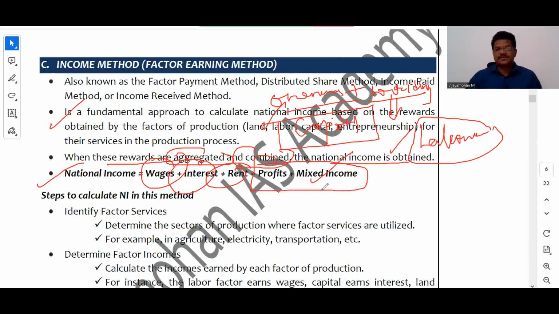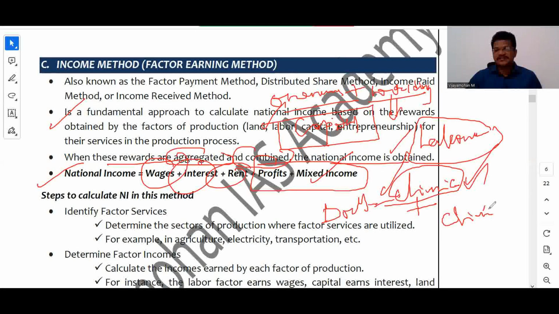For example, a doctor, అంటే ఒక డాక్టర్ ఉన్నాడు అనుకోండి, he is having a clinic. So ఇక్కడ ఏంటంటే he is having the capital, at the same time he will work in his same clinic. So ikkada he is getting mixed income simultaneously. So that is what here it represents, the income which the individual is getting from contributing labor and from contributing capital also will come under the category of mixed income, right?